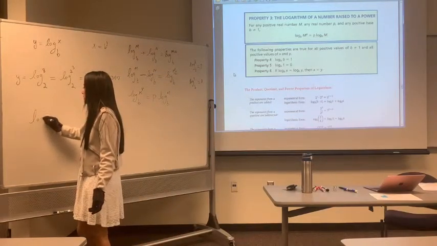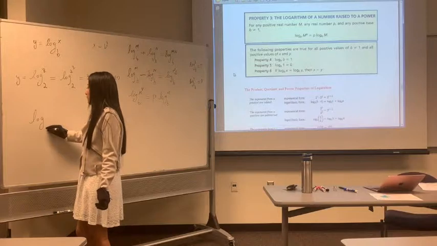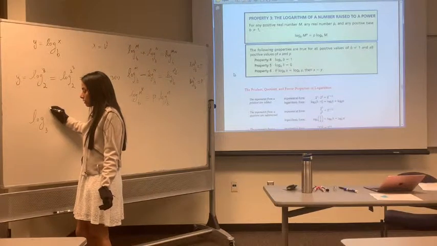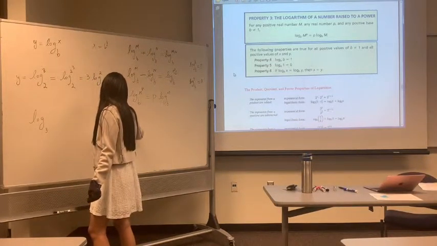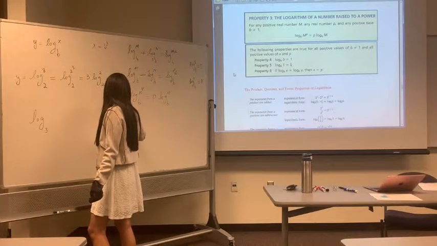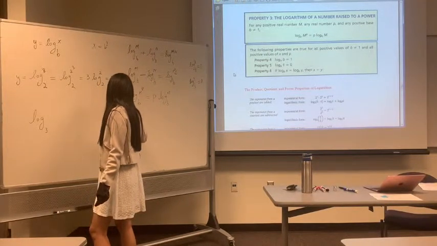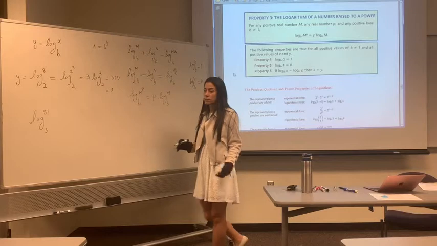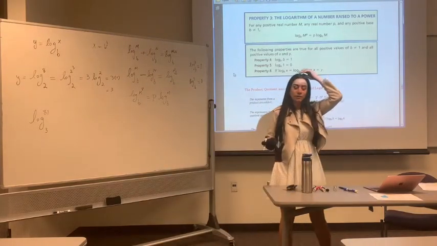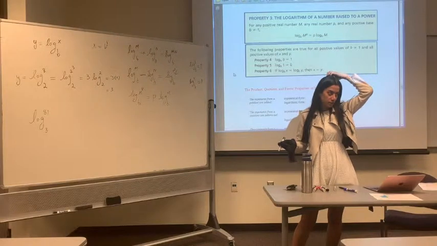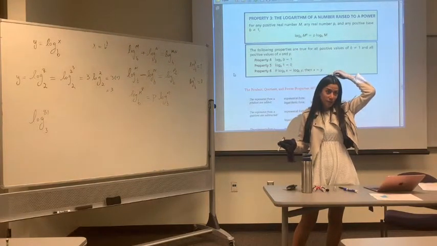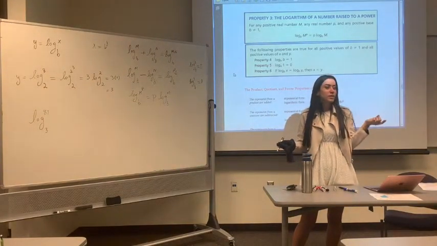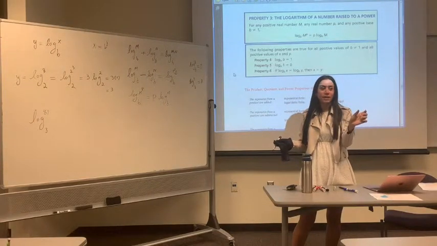For example, log base 3 of 81. 81 is 3 to the power 4, right? Because 81 is 9 multiplied by 9, and each of these 9s is 3 to the power 2.